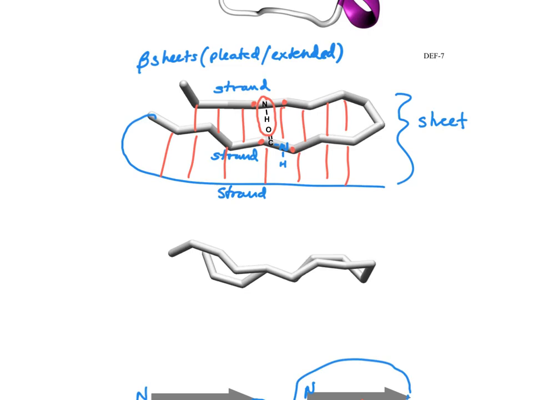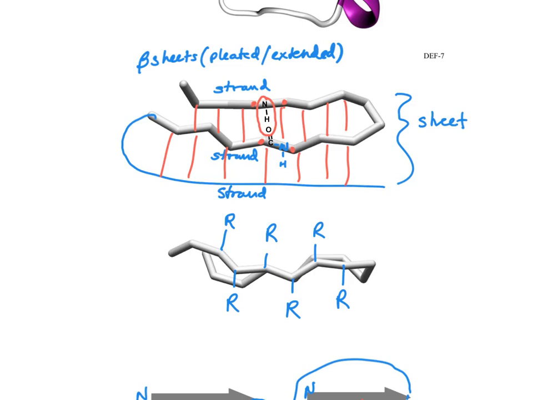And what we can do now is recognize that, again, the R groups are going to be connected to the vertices between sticks because they are connected to the alpha carbons. And I want you to notice the pattern of the R groups or the side chains. The first side chain here is going above the sheet. The next one is below, above, below, above, below.